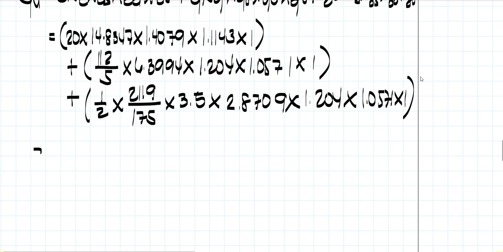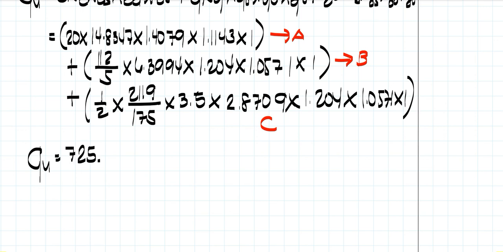So, now, calculating yung mahabang equation na to, so much better para hindi magkamali. Store nyo to sa A, store nyo to sa B, then yung last term, store nyo sa C. So, getting those values and adding the values stored in A, B, and C, we will get a magnitude of 725.3313, that is in kilopascals.